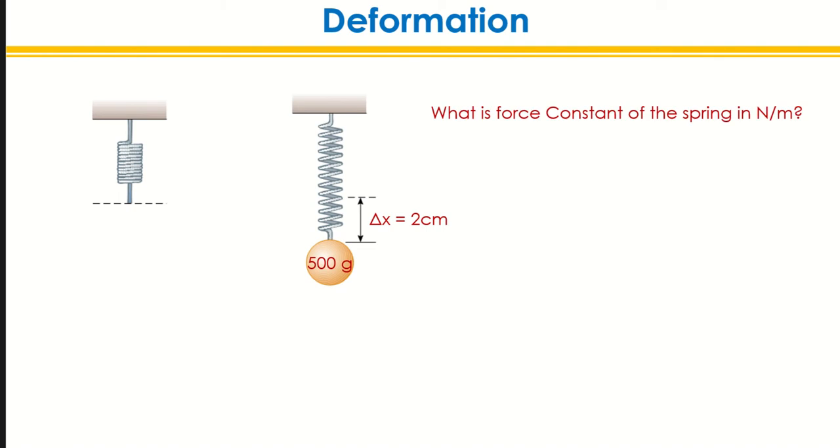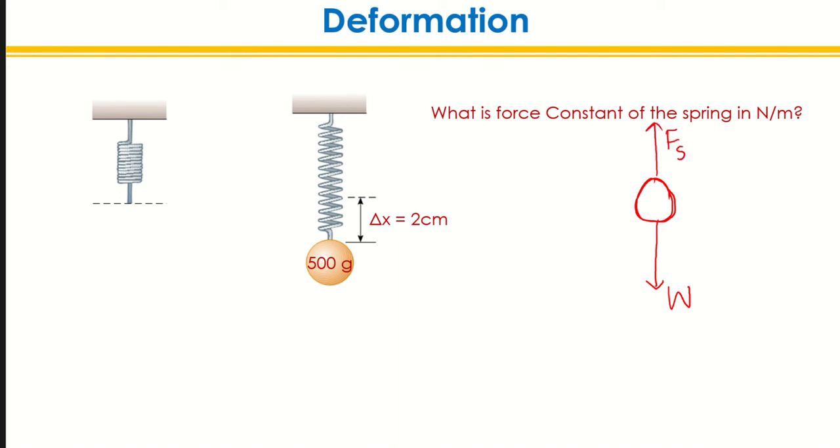We are asked to find the force constant or the stiffness of the spring in Newton per meter. So let us consider this mass, and there are two forces acting on it. One is the gravitational force of the earth, and the other is the spring force.